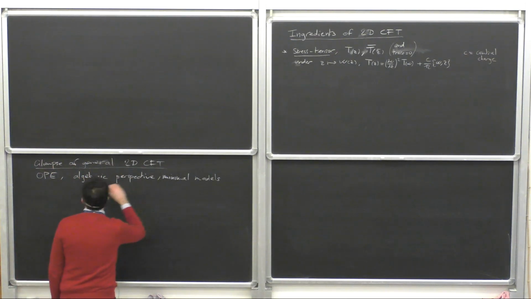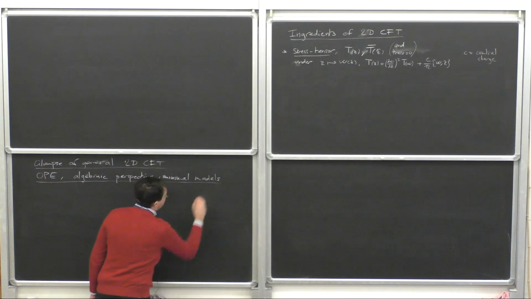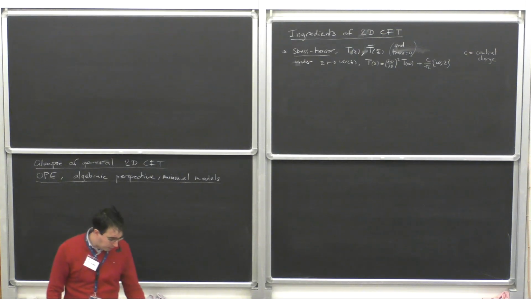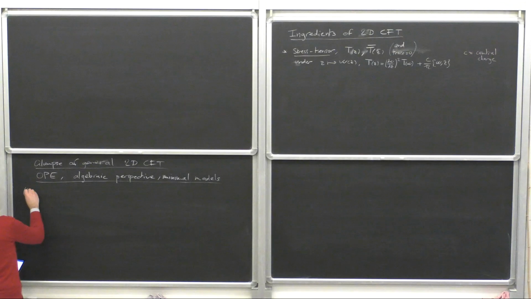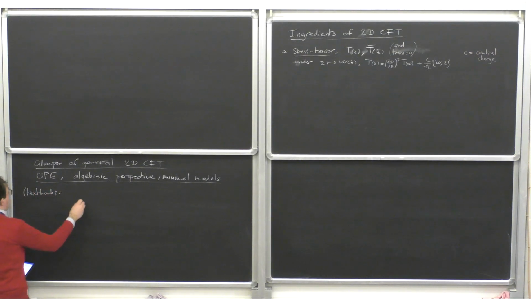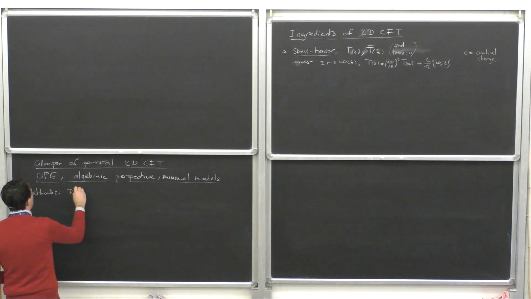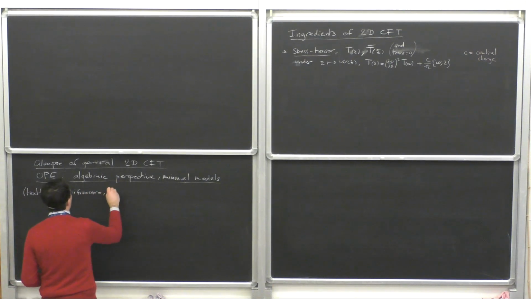You would find it in any textbook on conformal field theory. So for instance, there are some famous textbooks on this. Of course, there's the Di Francesco, Mathieu, and Sénéchal. This is the Big Yellow Book.